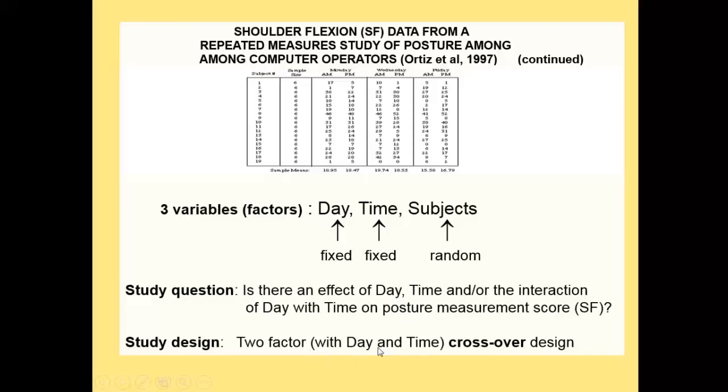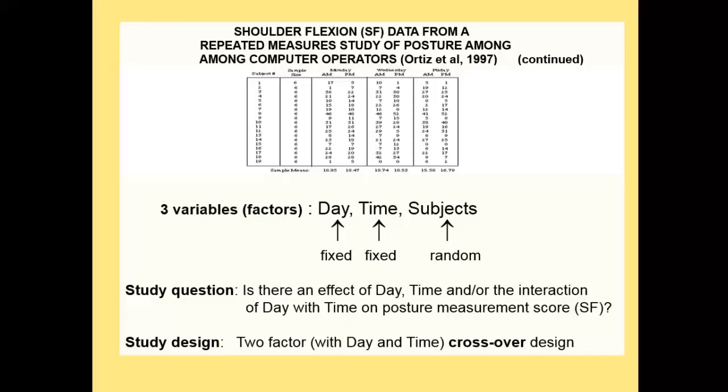Sometimes it's called a crossover design. Why is it a crossover design? Why does the word crossover make sense here? Because what are the treatments? Day and time, Andrew. Because the exposure differs over time. Well, each subject got all the different treatments. I mean, in a way, it's some combination of day and time.